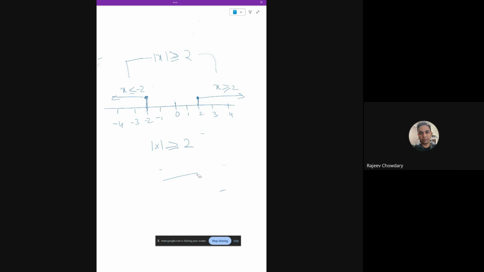And when I strip this modulus out, it's going to be x is greater than or equal to 2, or x is less than or equal to -2. If you think mathematically what's happening, if the symbol is same, it's going to be the same number. If the symbol reverses, you put the opposite sign. Okay, that's how you need to think mathematically.